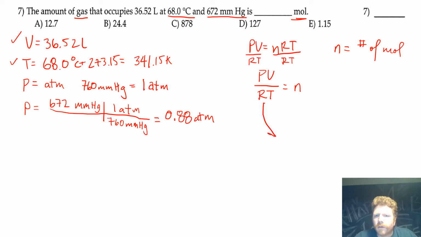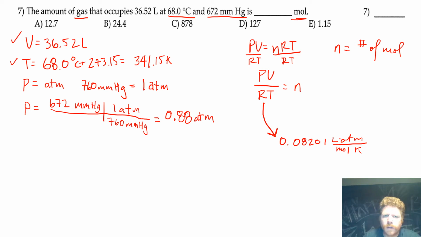This R value is a constant, 0.08201, and the units for that are liters atmospheres per mole Kelvin.